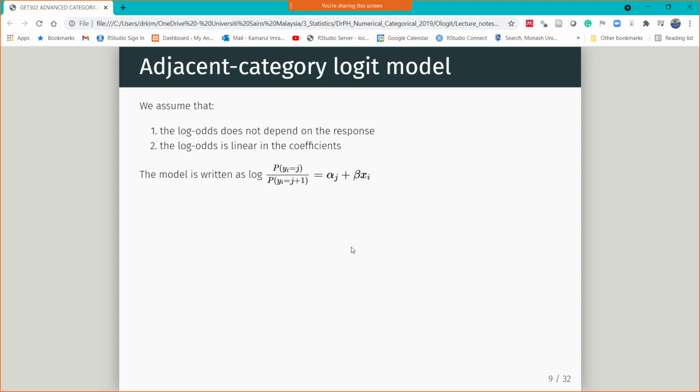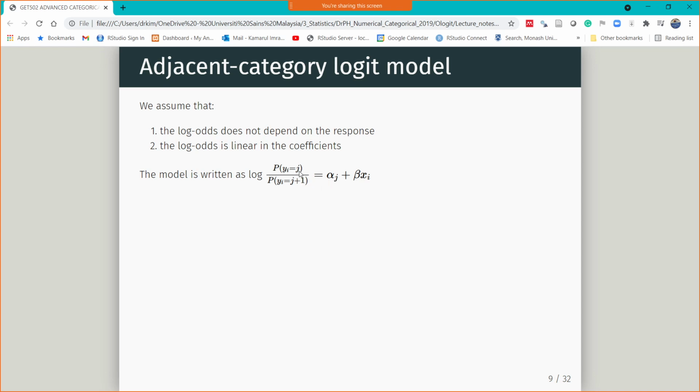So this equals alpha j, the intercept for j. If j is 1, this is the intercept for logit 1 plus b x1. If you have three categories, 1, 2, 3, this becomes 1 versus 2, 1 divided by 2.